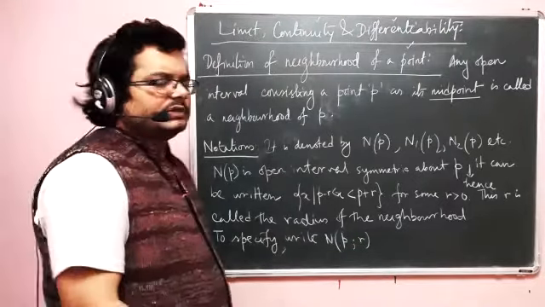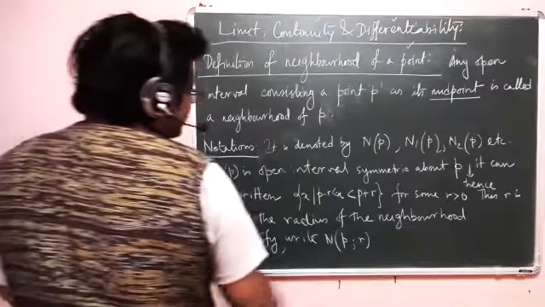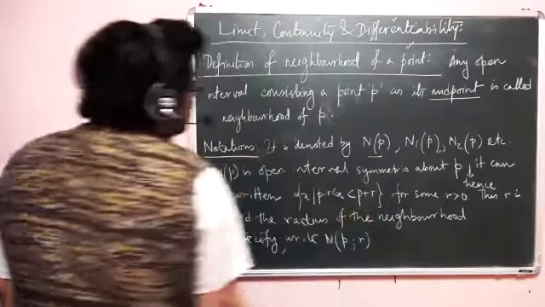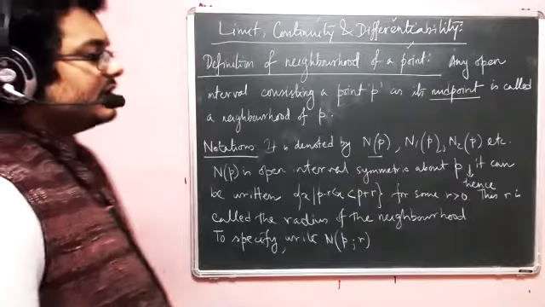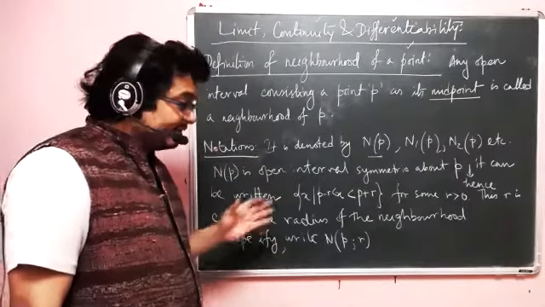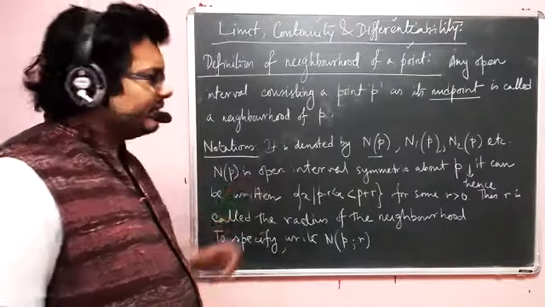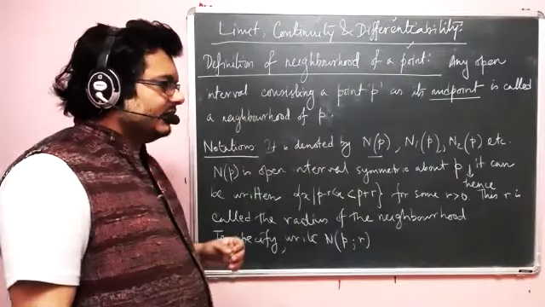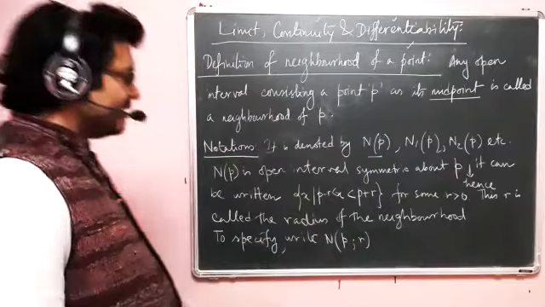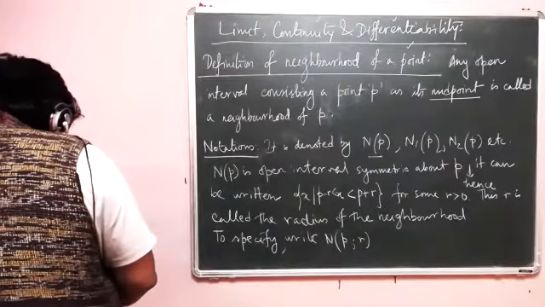So the radius appears here, and this is the point about which I am considering the neighborhood. So this is far more explicit than simply writing NP. But when we are not concerned about different distances or different lengths of radius, in that case we simply write NP, which we'll be writing in case of defining the limit of a function about a point.